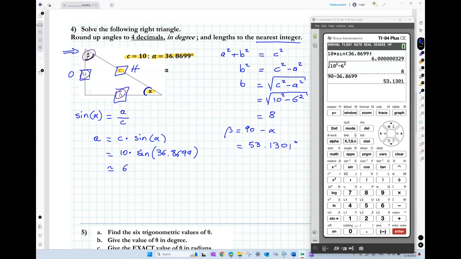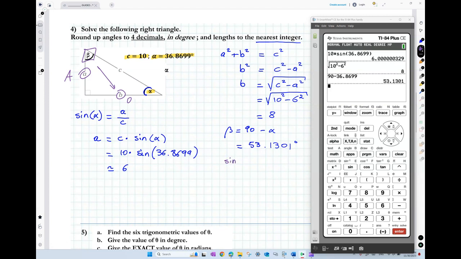So what I'm going to do here, let me clear things up a little bit. Here we go. So the way I'm going to do, I'm going to use A and B, which are with regard to beta, the opposite and the adjacent. So what I'm going to do here, I'm going to set up the trigonometric ratio.